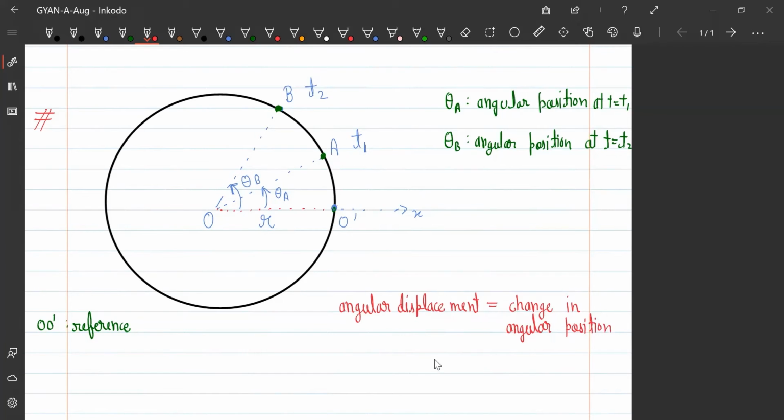So angular displacement can be written as delta theta. You can write this as theta final minus theta initial. इस केस में क्या हो जाएगा? Theta B minus theta A. That is the angular position में change कितना आया? That is angular displacement.